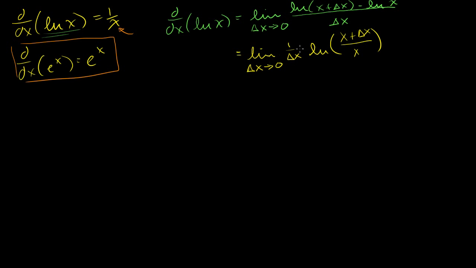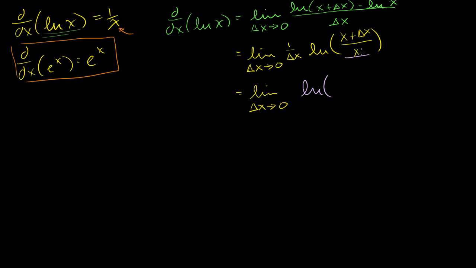And then I can rewrite this. First of all, when I have this coefficient in front of a logarithm, I can make this the exponent. And then I can simplify this in here. So this is going to be equal to the limit as delta x approaches 0 of the natural log, let me do it in a completely new color, of the inside here.